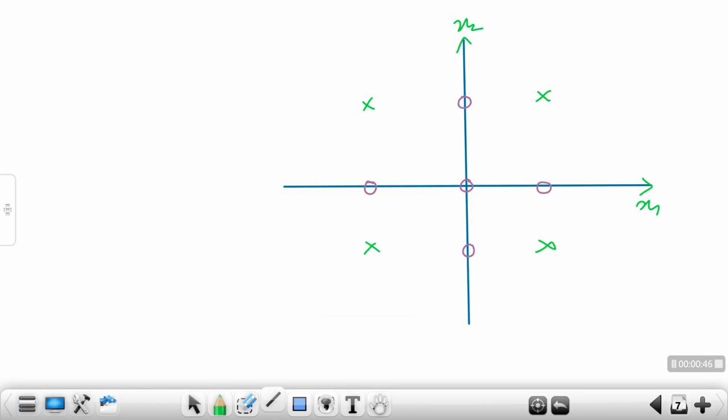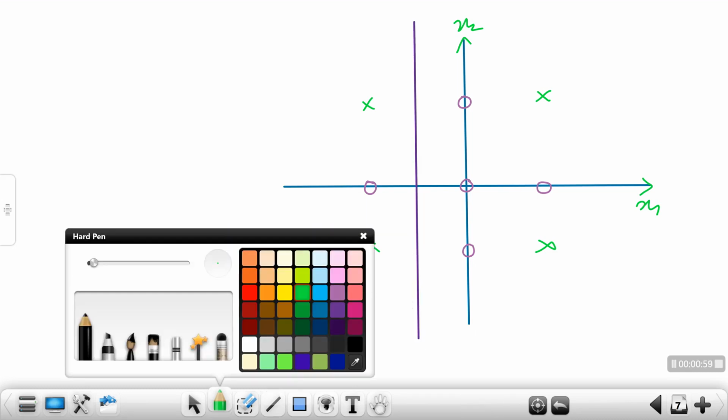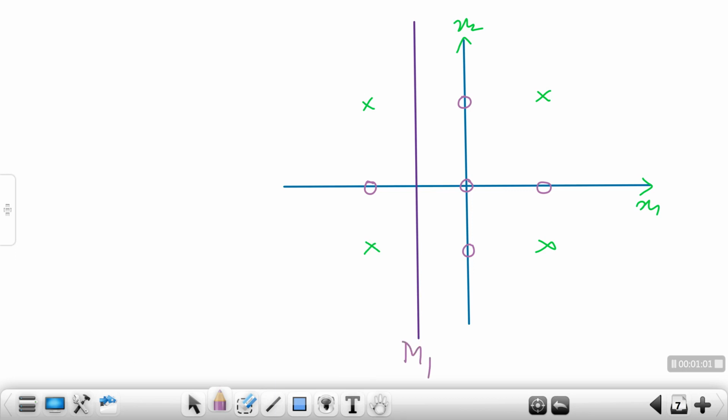In this line you should ensure that there are a minimum number of misclassifications. In a corner isolation problem, the minimum number of misclassifications is 3. So if I select the line here and name it M1, there are a minimum of 3 misclassifications: 1, 2 and 3.